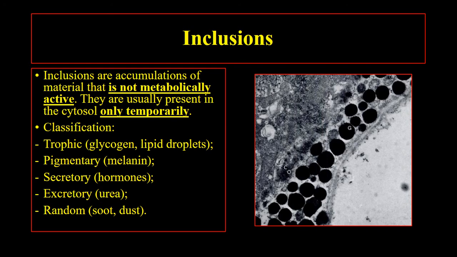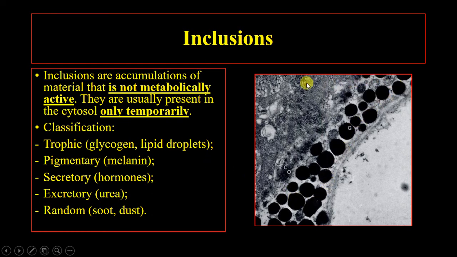So, let's see the classification. There are different types of inclusions. The first is the trophic inclusion, the inclusion which helps in the nutrition of the cell. For example, glycogen or some lipid droplets. So look at the picture.